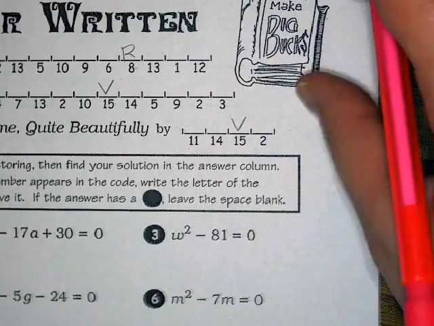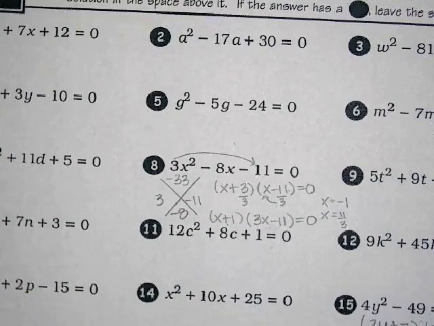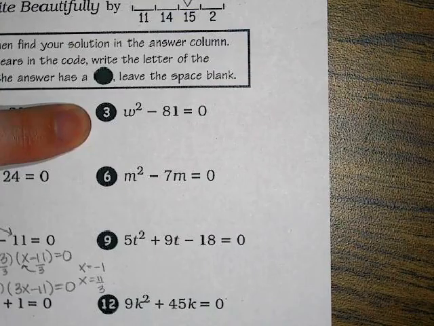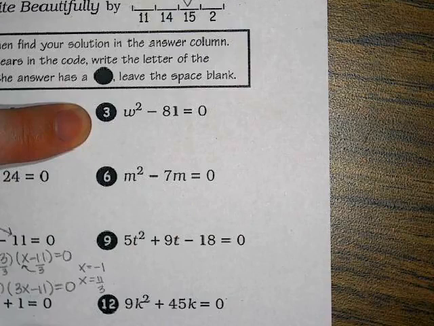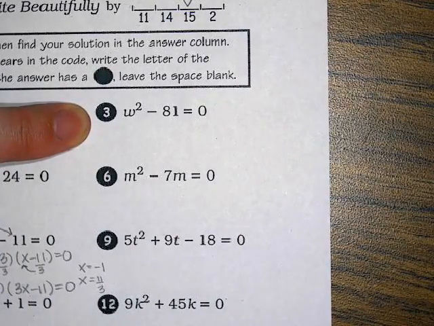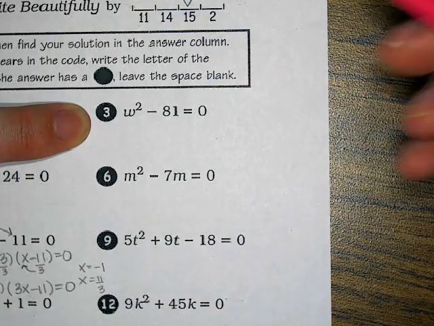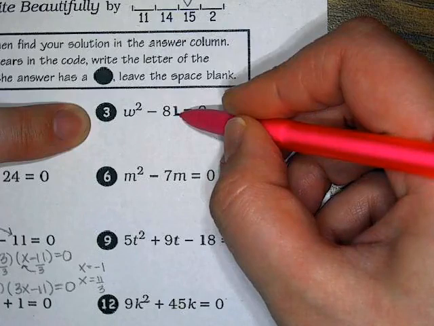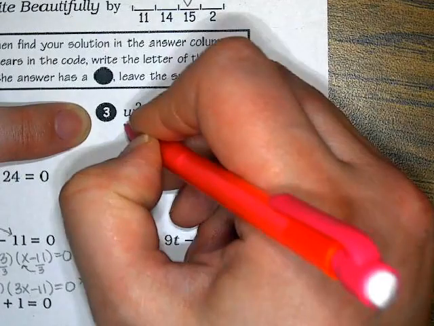Okay. Are there any other problems we want to look at? 3? So what type of problem is that? Difference of squares. And what's the perfect square that gives you 81? 9. So W plus 9.